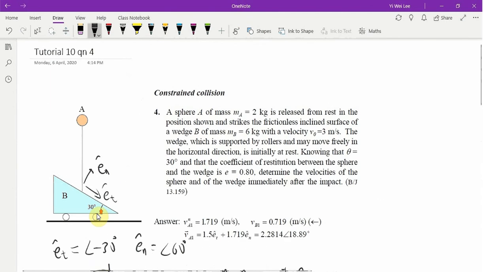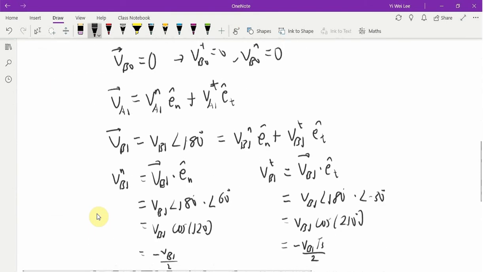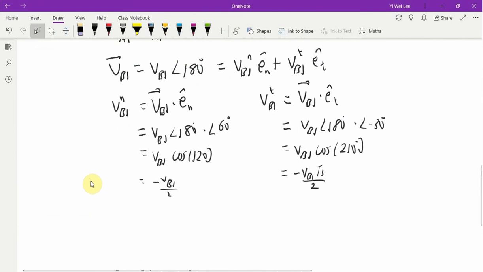Let me see if this makes sense. Well, it makes sense. So in this case, when you substitute it back inside here, you can say with great confidence that VB1 is equal to negative VB1 over 2 En plus negative VB1 root 3 over 2 Et.